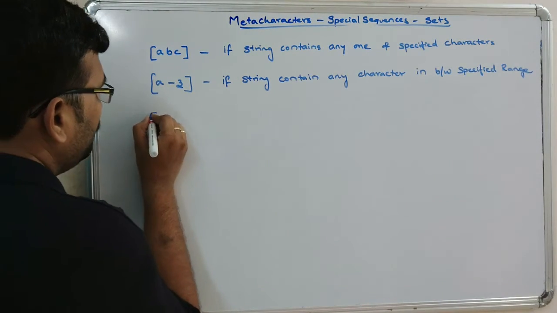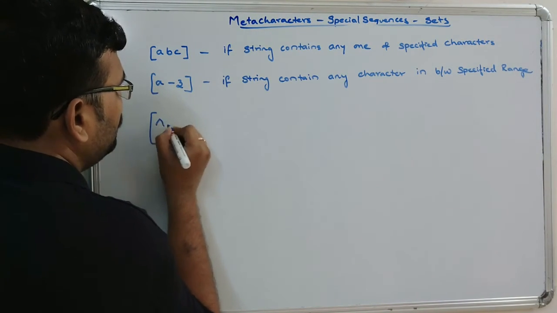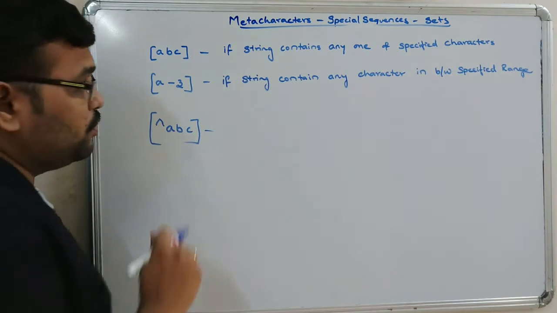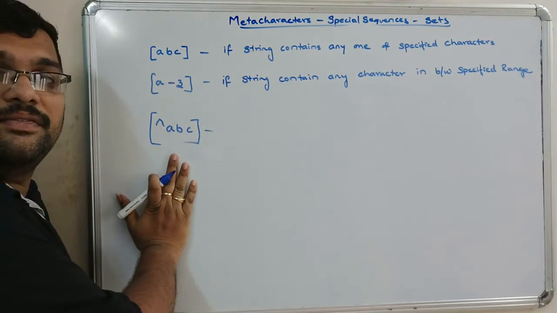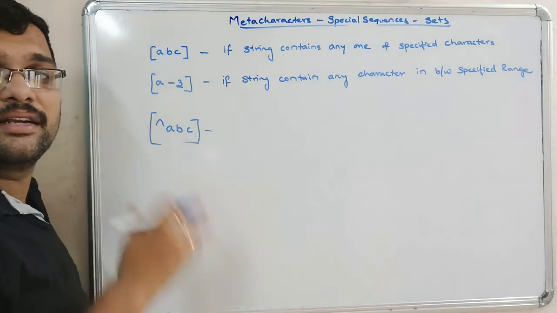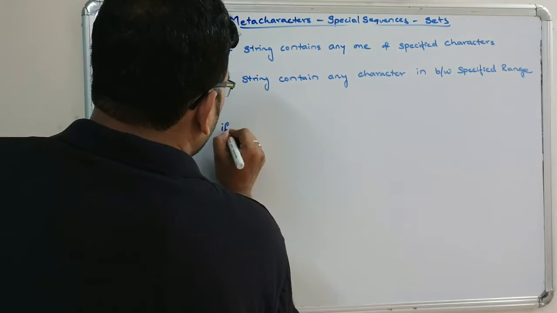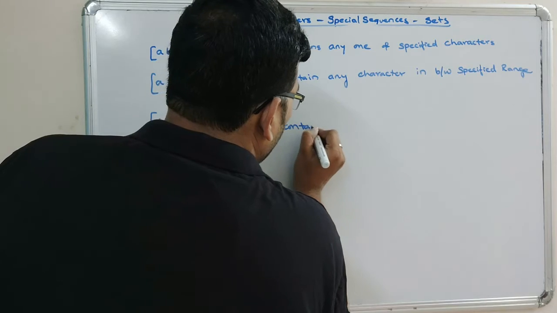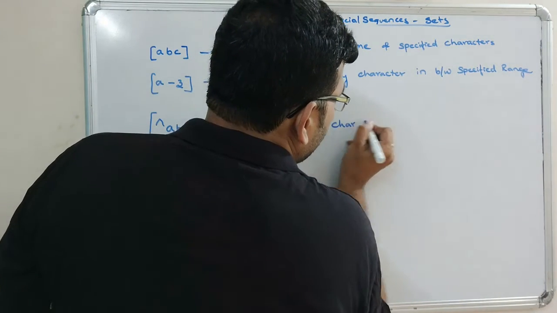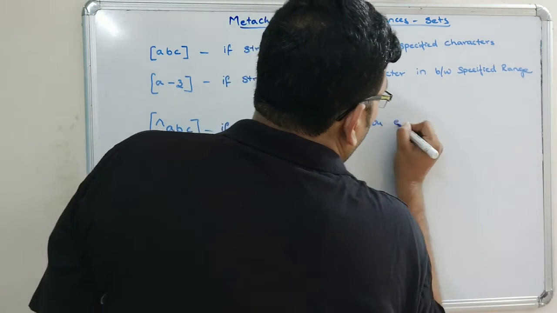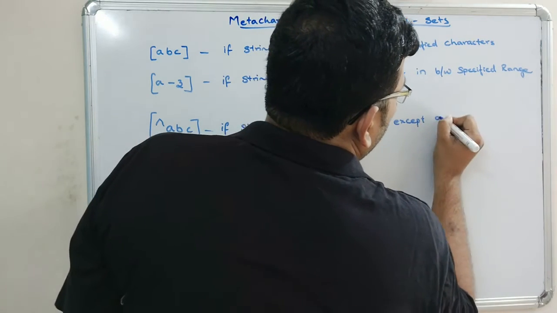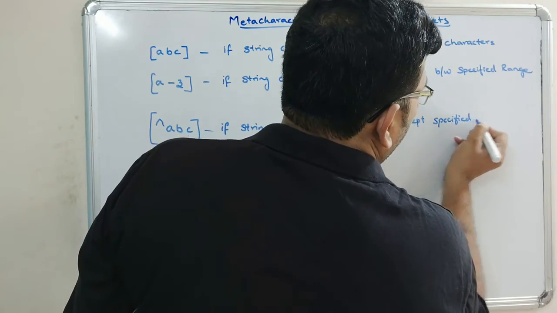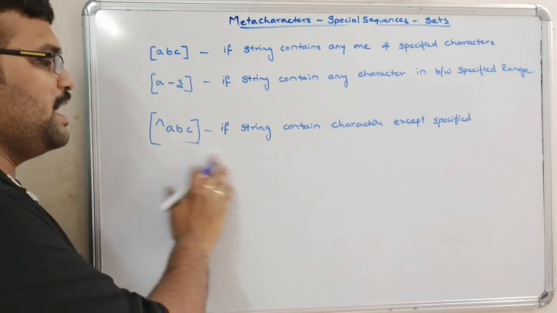Okay. Then the cap symbol, ABC. So except these characters, if the string contains any other characters, it will return a match. So it returns a match if the string contains characters except the specified ones.